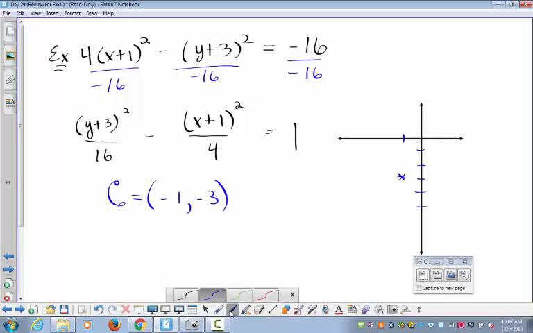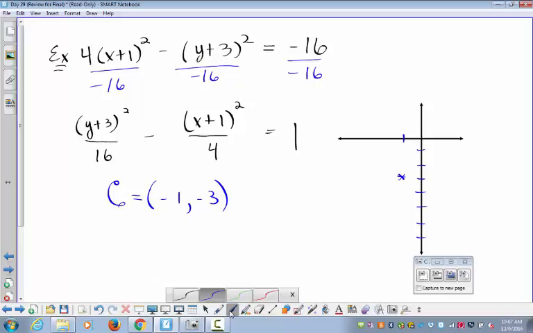And are those points bringing us to vertices or endpoints of the conjugate axis? Vertices. This hyperbola is going to open vertically because the y's are in front of the minus sign. And so it's called the transverse axis that connects the two arches.